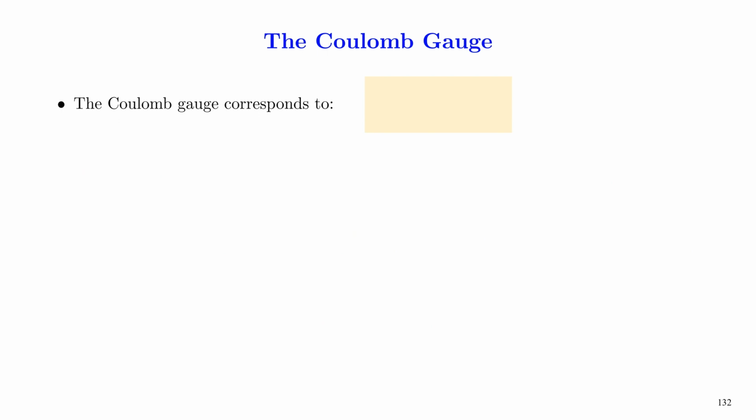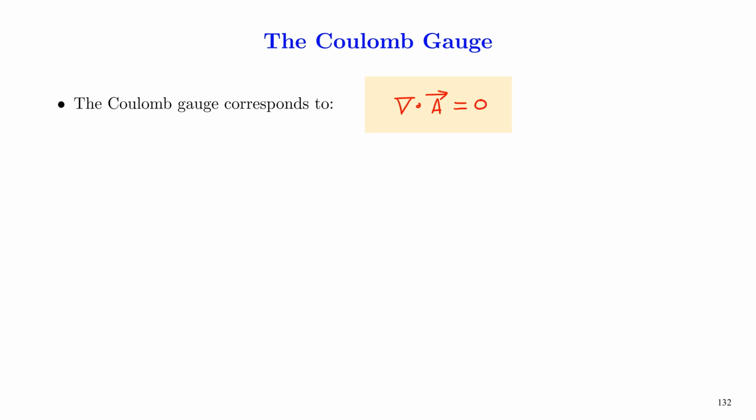We shall now discuss two important gauges in electrodynamics, the Coulomb gauge and the Lorenz gauge. We shall start with the Coulomb gauge. The Coulomb gauge is defined to be del dot A equal to 0.